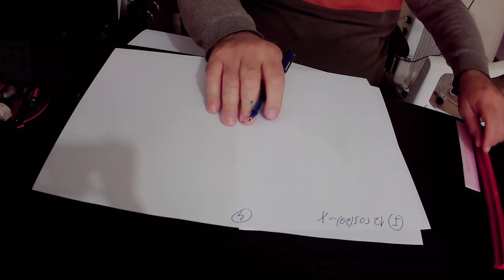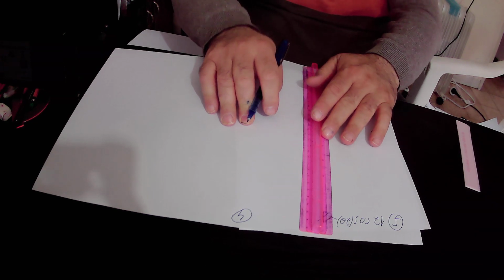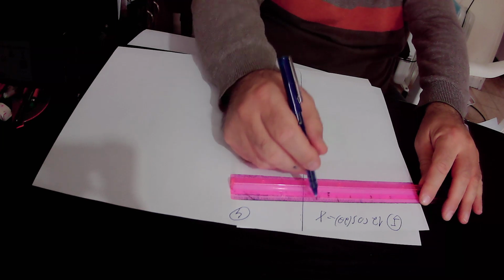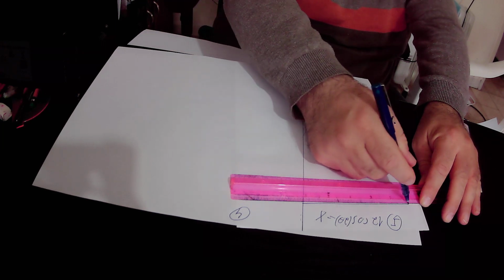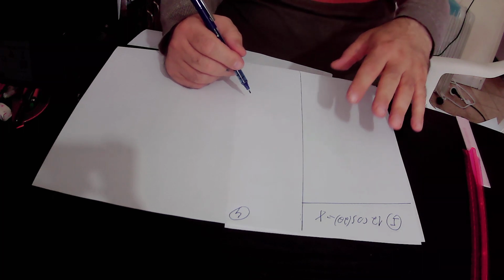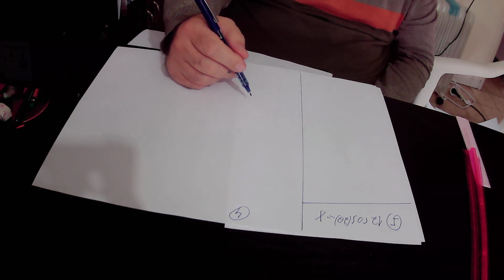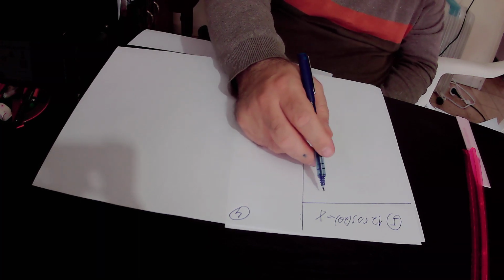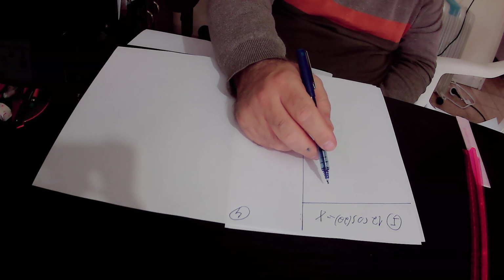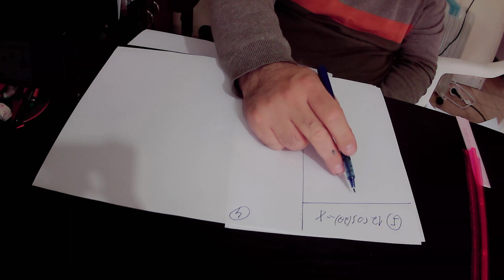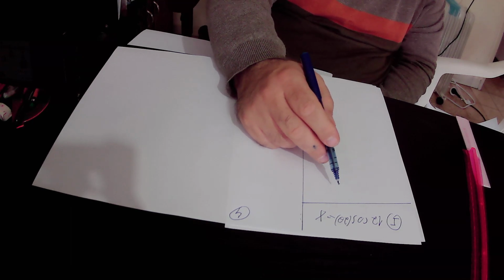So 12 times cosine 2 theta equals x according to equation number 1. The only thing that is left here is to find the value of cosine 2 theta, and in this way we'll find the value of line segment x, that is the line segment that we are looking for.